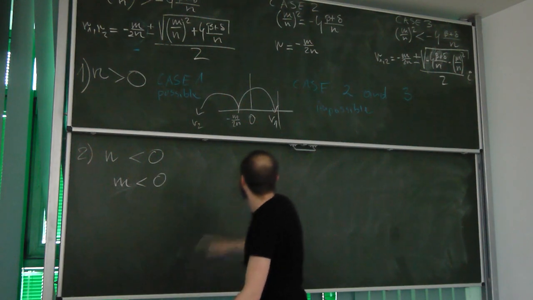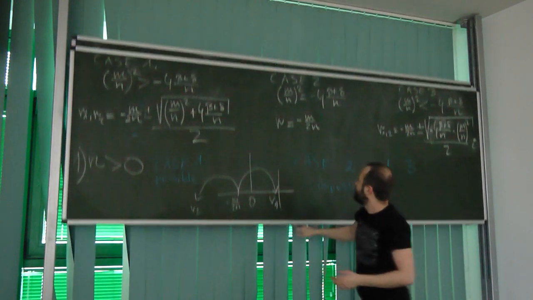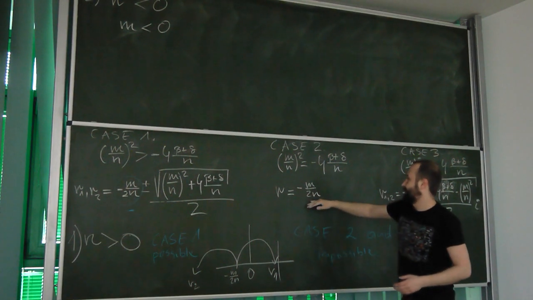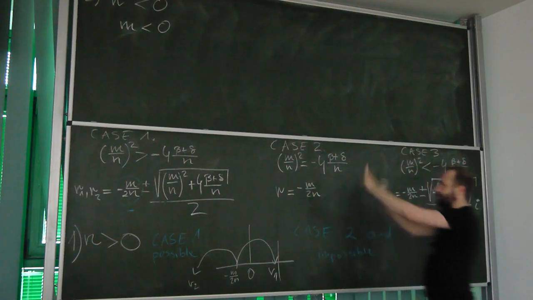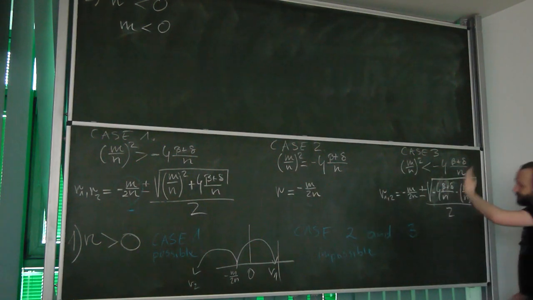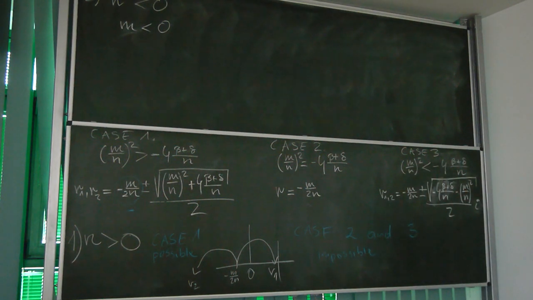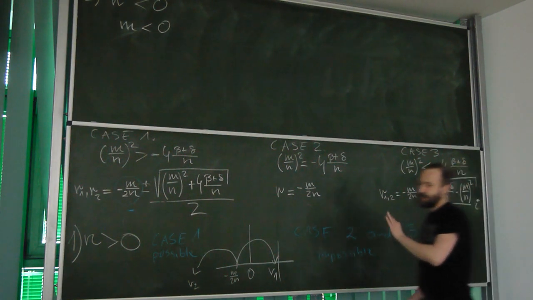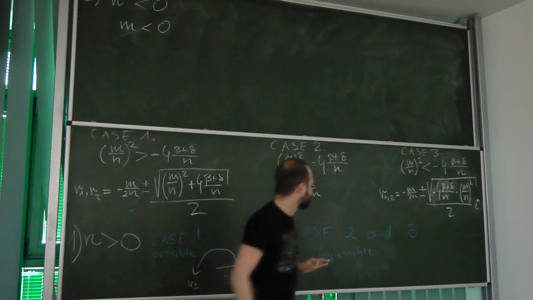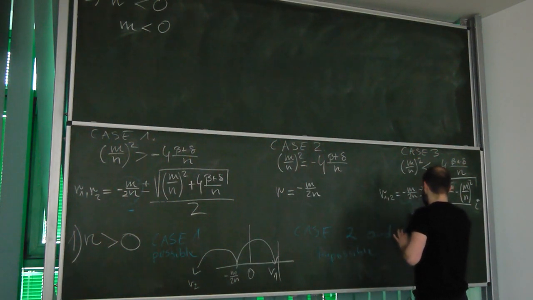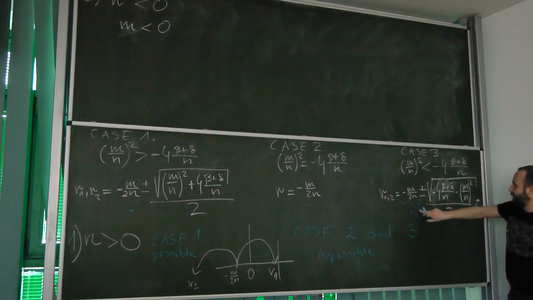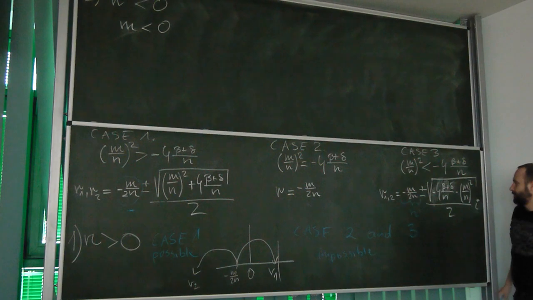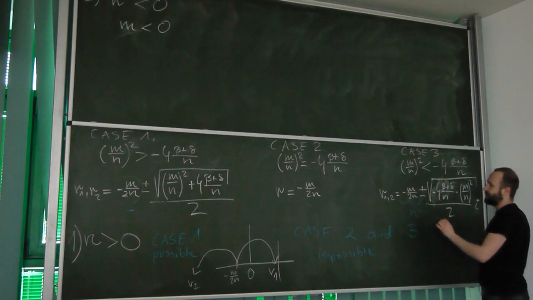Now, what about case 2? Well, in case 2, everything is very easy, because this is negative, which means this positive, minus up front, it's negative, both roots are negative, dynamic stability. And then we move to the complex root case. But look, for the complex root case, the only thing that matters for us is h. H is the real part of the root, and this is the part that decides about the dynamic stability.